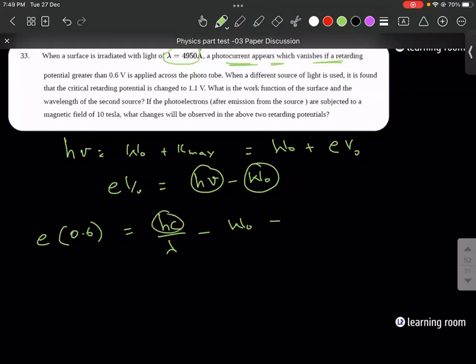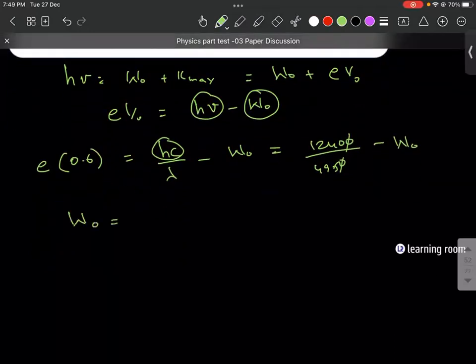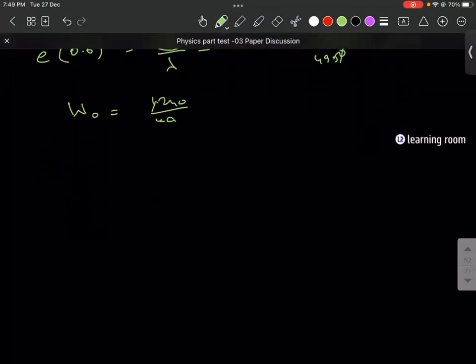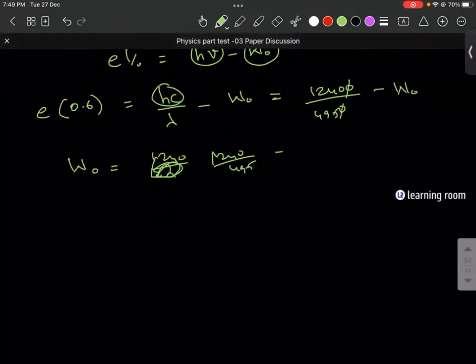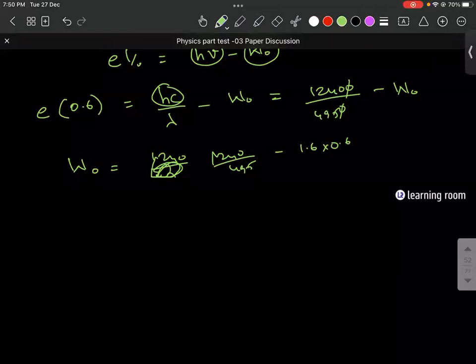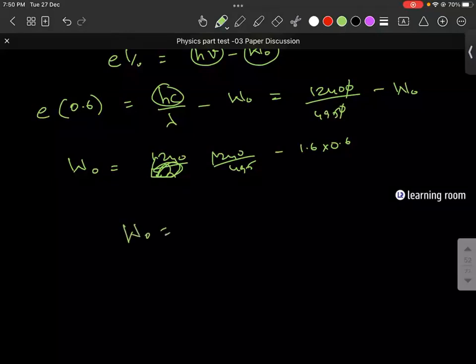In the place of hc, I will write 12,400 divided by lambda, 4950. The zeros cancel. Minus W naught. So what will W naught be? 1240 divided by 495 minus e, which is 1.6 into 0.6. So 1240 divided by 495 minus this value. On calculating this, the work function should give you a value of 1.9 electron volt.